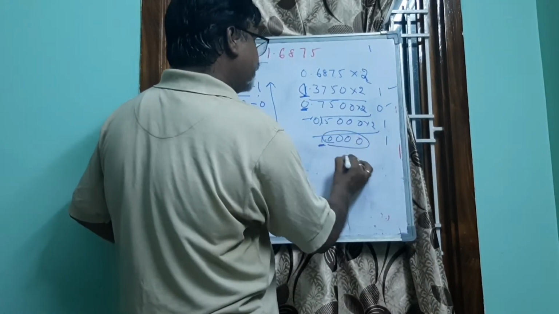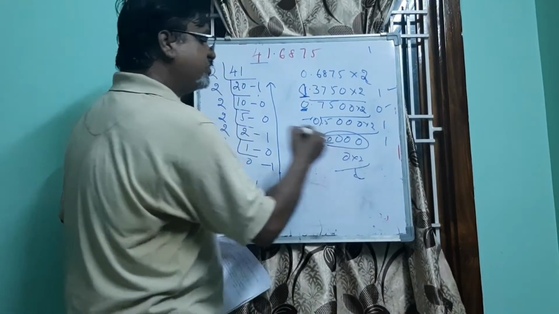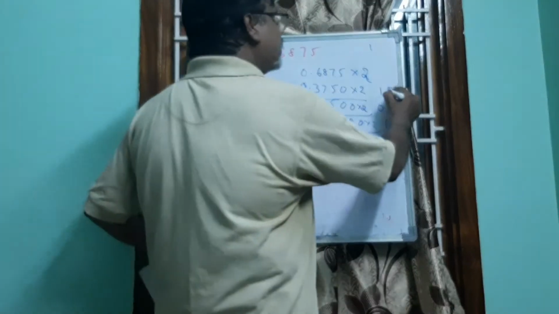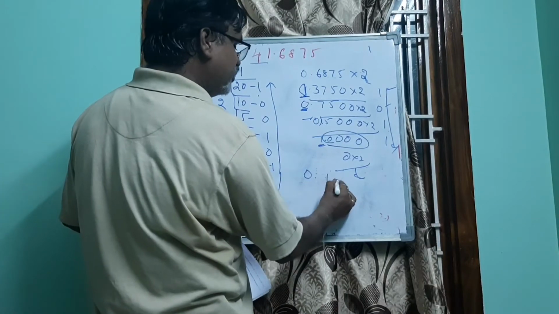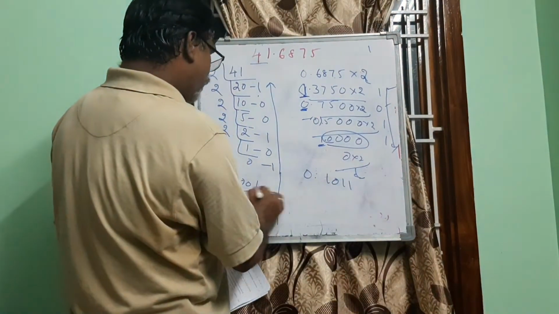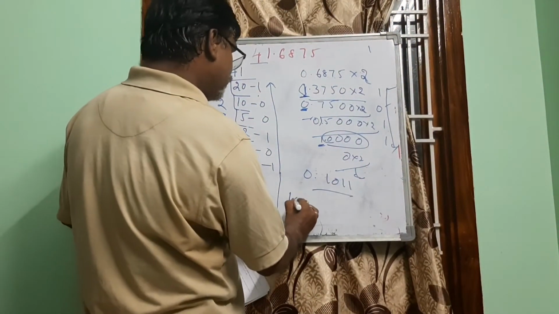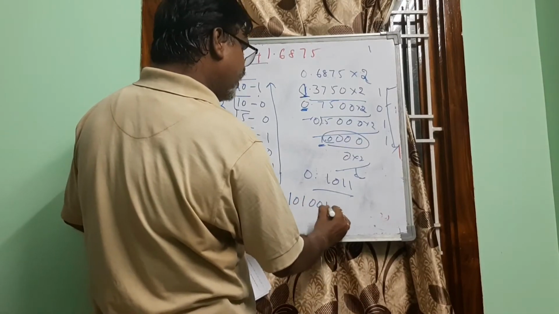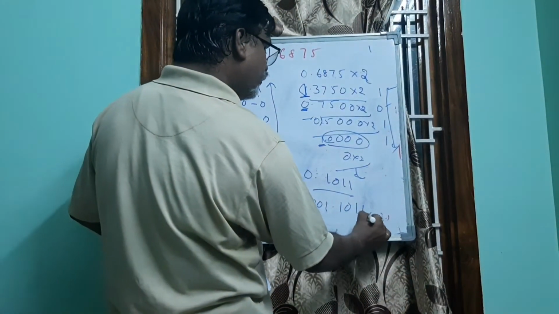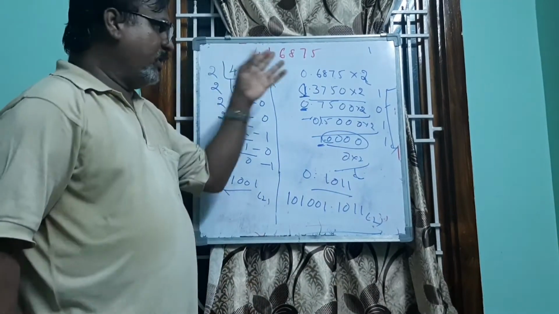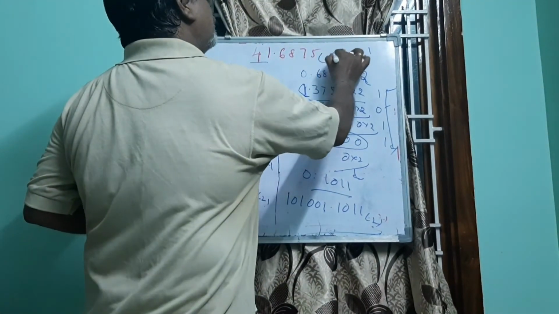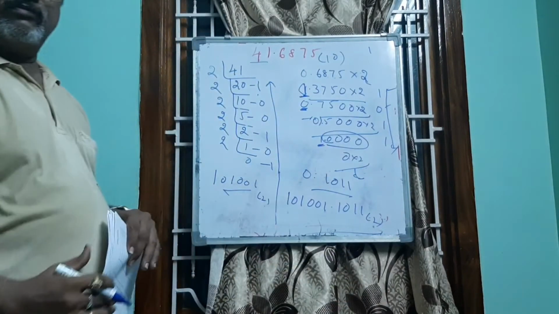This all becomes 0 into something else, always 0. Then you write this in top to bottom order. So this will be 0.1011. You have to concatenate these two: 101001.1011 base 2. This is the way we convert a decimal fractional number into its binary equivalent value.